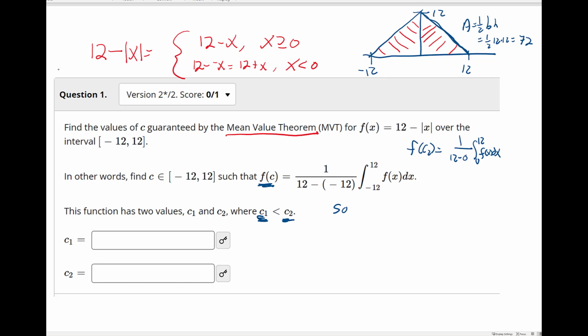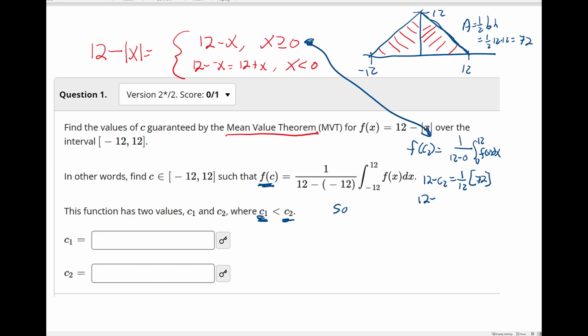Well, we found that to be 72. I can evaluate f of c2 now. That's the positive side, and we're looking at this here. So that's going to be 12 minus c2 equals 1 over 12 times 72.